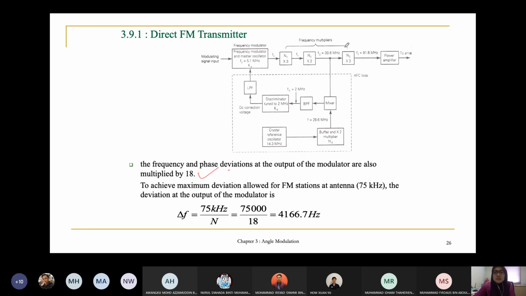Okay, because this is the multiplication process. But if you have a heterodyne process, you must take note that only the value for FC changes.